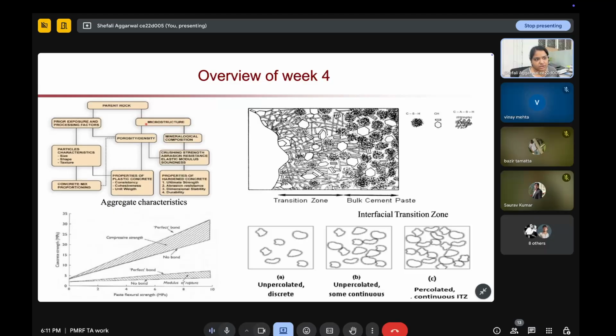Then again it will contain your porosity, density, and your mineralogical composition, like crushing strength, abrasion strength, elastic modulus, soundness, and lastly the properties of hardened concrete like ultimate strength, abrasion resistance, dimensional stability, and durability.